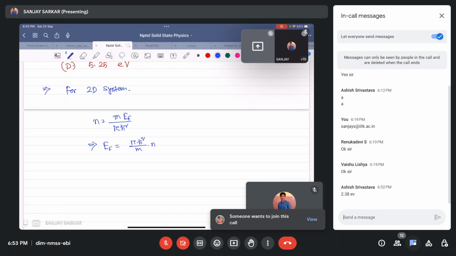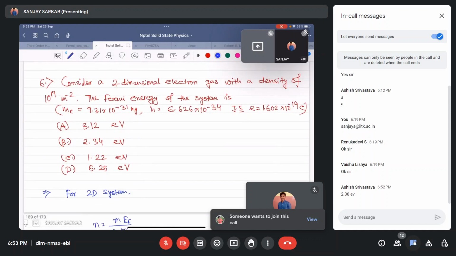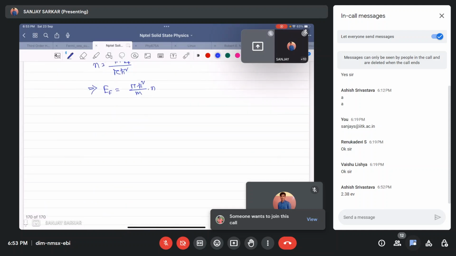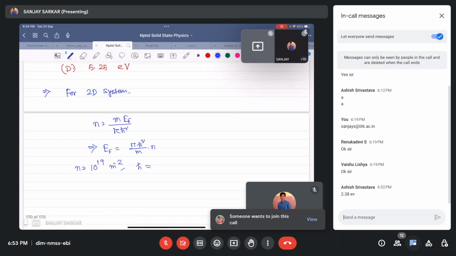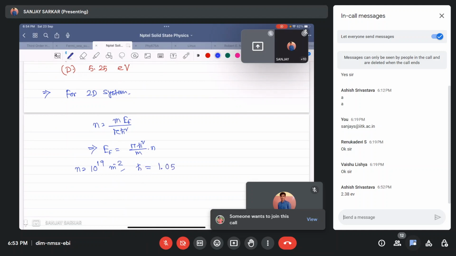So the Fermi energy of the system: N is given as 10 to the power 19 per meter square. h bar and m are also given in the question. h bar is 6.626 divided by 2 pi, so converting it, it will be 1.05 into 10 to the power minus 34 joule second.